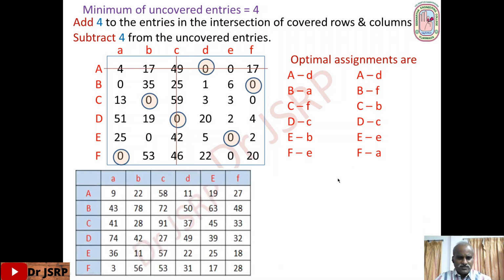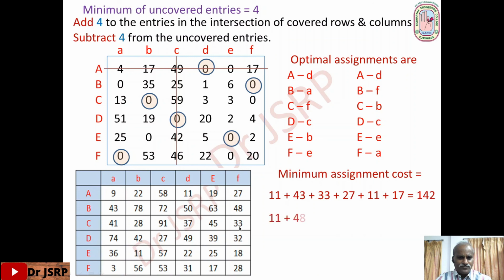So now what is the minimal optimal cost? So minimum assignment cost. Okay. So capital A to small d, that is 11, corresponding to first assignment. A to D, this is 11, plus B to A, 43, plus C to F, 33, D to C, 27, E to B, 11, F to E, 17.